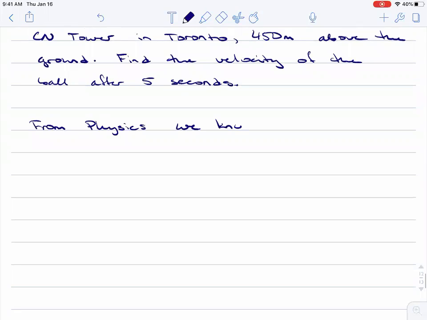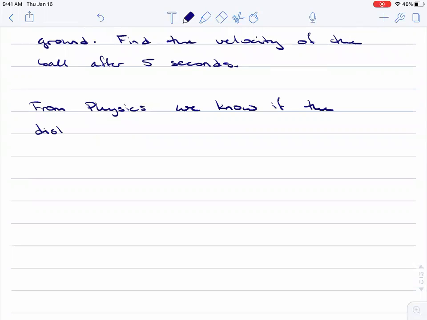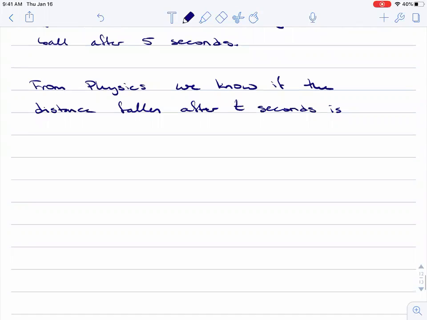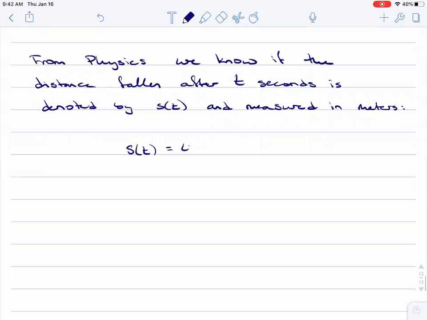we know if the distance fallen after t seconds is denoted by S of t, and measured in meters, then we can say that S of t is going to be 4.9 times t squared.